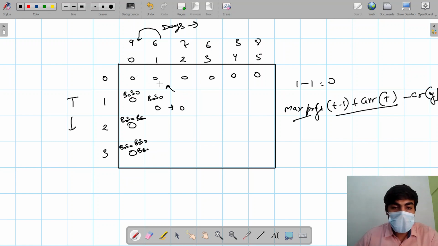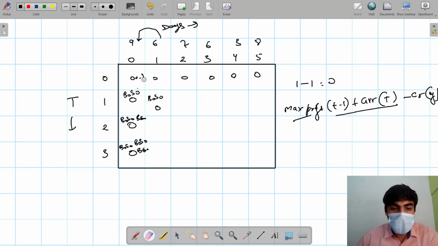So for that, today's price is 7. 7 minus 6, we get 1, and 7 minus 9, we get minus 2. So which one is greater out of these? We have three options: minus 2, 1 and 0. 1 is greater. We are putting 1 here.